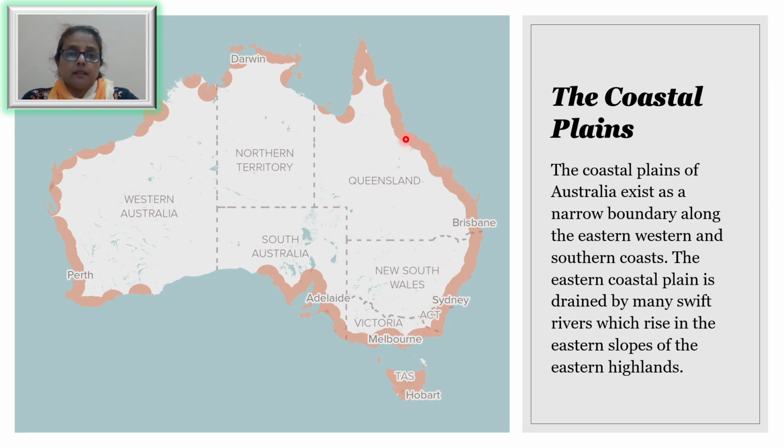The Eastern Highlands run from north to south. The side facing the east is known as the Eastern Highlands, and the side facing the west is known as the Western Slopes. Several rivers originate from the eastern slopes and move along the eastern part, draining most of these areas.